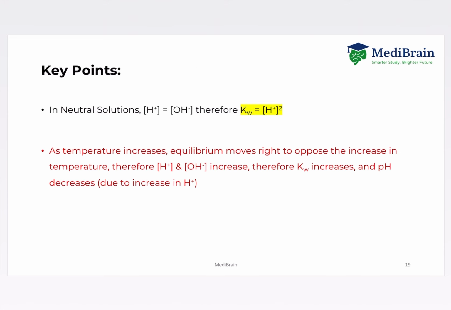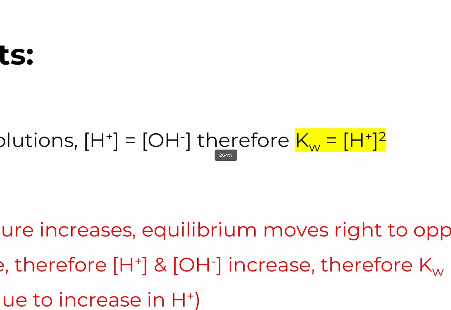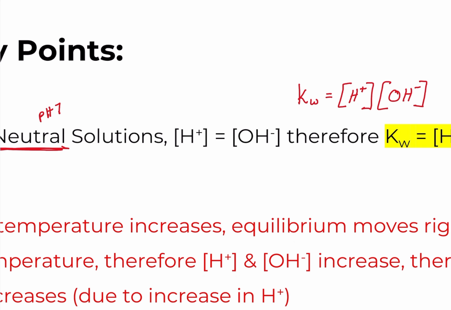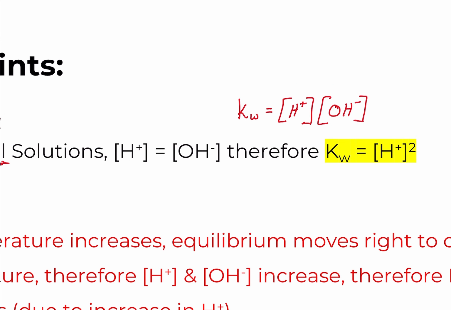Okay, now in neutral solutions, neutral as in pH 7, there is an equal amount of hydrogen ions and hydroxide ions in solution. So originally what we had was Kw equals H plus and OH minus. But if we're looking at neutral solutions, neutral means pH 7, it's clear that there's going to be an equal number of hydrogen ions and hydroxide ions.